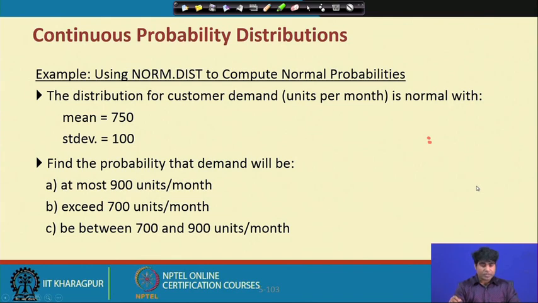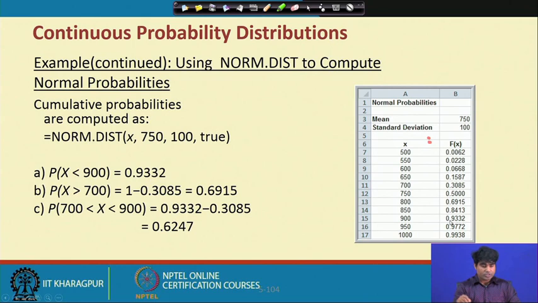Okay. This is a continuous probability distribution case, where mean and standard deviation will be given. Then with respect to a particular requirement, you have to calculate the probability, right. This is the typical structure of the normal distribution case, and here you have to calculate the individual probability, and then connect it with cumulative probability.